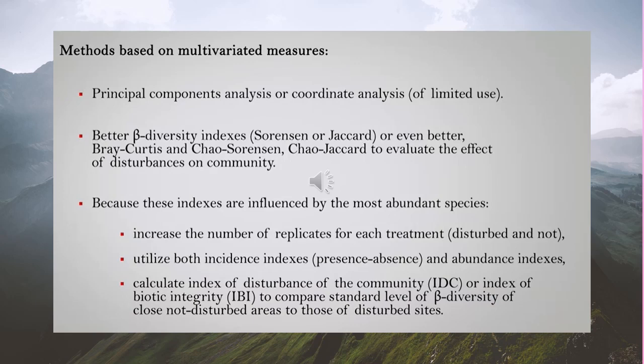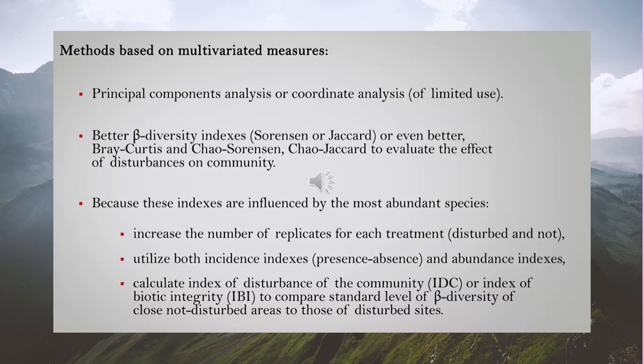So is it better to use a biodiversity index? For instance, if we want to use a multivariate measure, we can use Sorensen or Jaccard, or even better, Bray-Curtis or Czekanowski-Sorensen, Czekanowski-Jaccard to evaluate the effect of disturbance on the community.